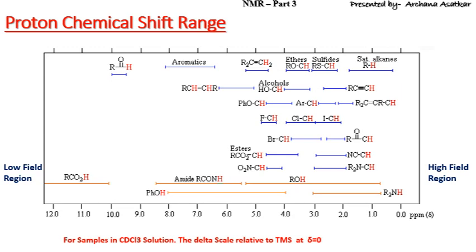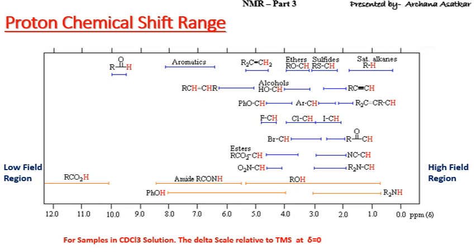In the case of aromatic protons, it comes between 6 to 8, as we have seen in the example of benzene, and usually it gives an NMR peak at approximately 7 ppm.